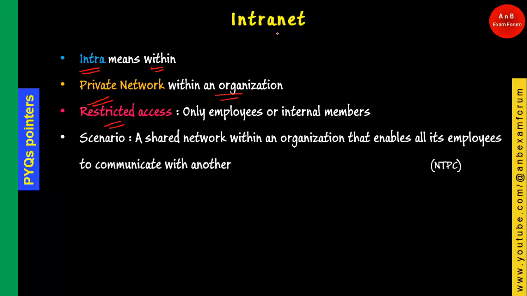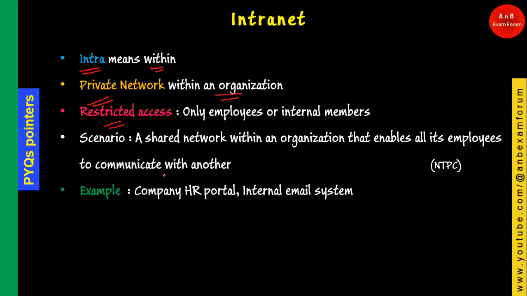Okay, scenario I will tell you. Let's say a shared network within an organization that enables all its employees to communicate with each other. So I have one network in my office and all the employees are communicating over that network. It becomes an intranet, not internet. Within organization means intranet.